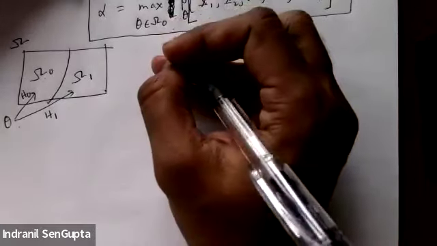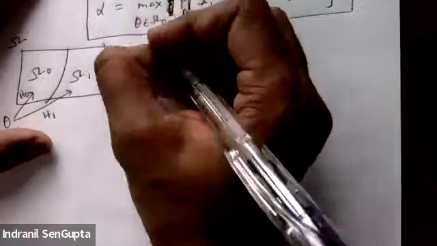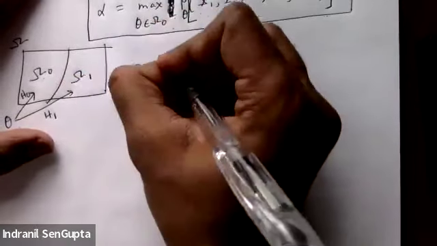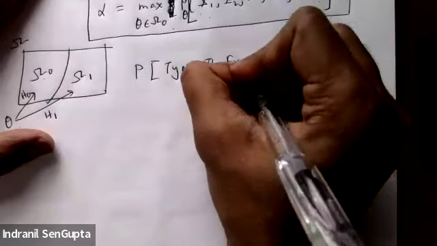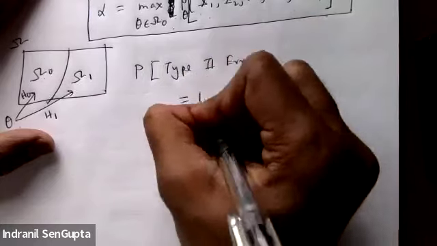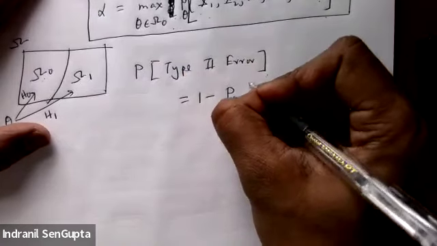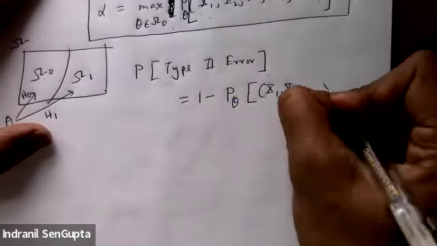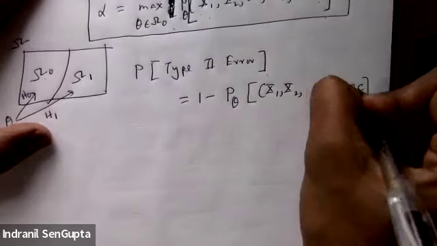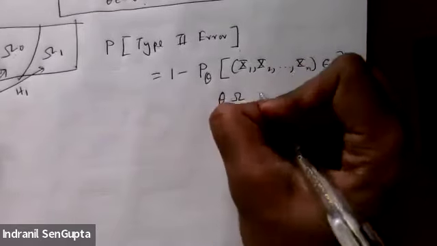So that means we can write the probability of type 2 error as 1 minus p theta of (x1, x2, ..., xn) in C, provided that theta is in omega 1.